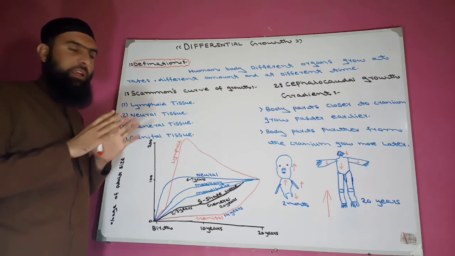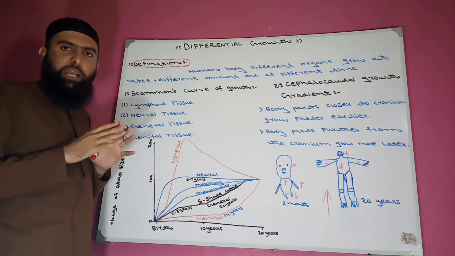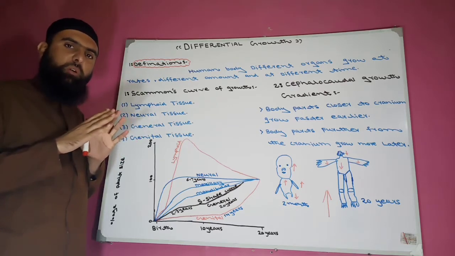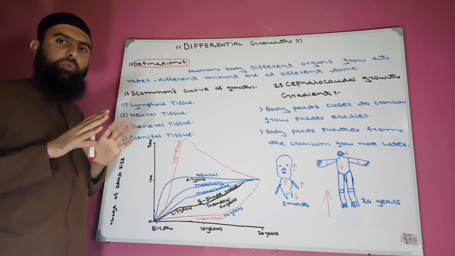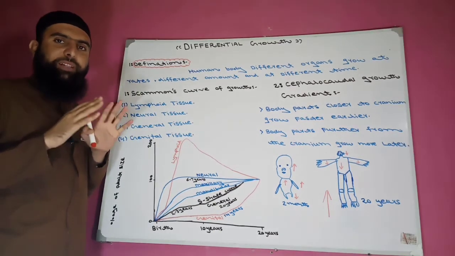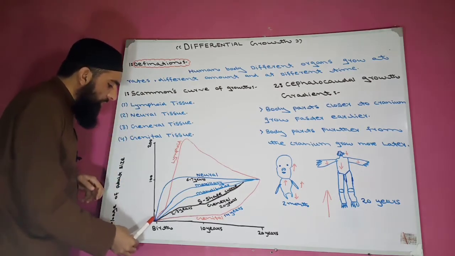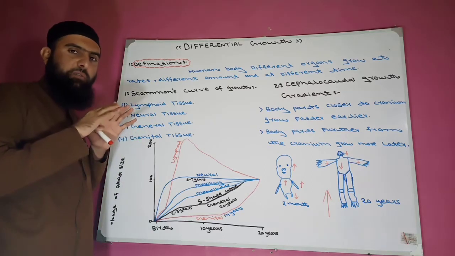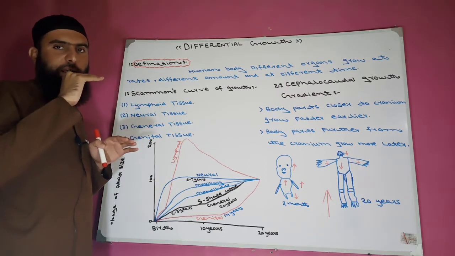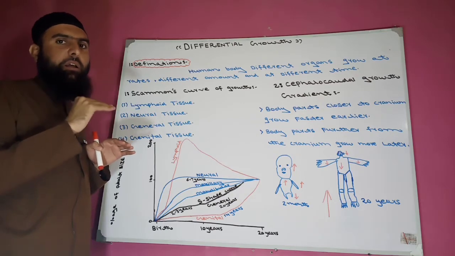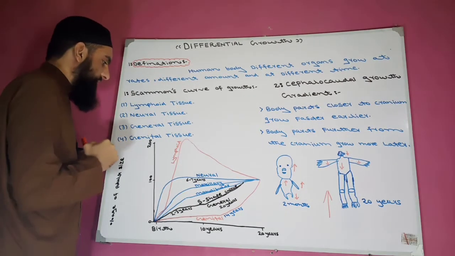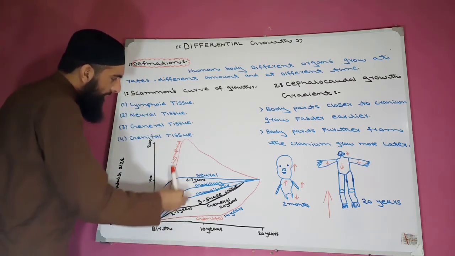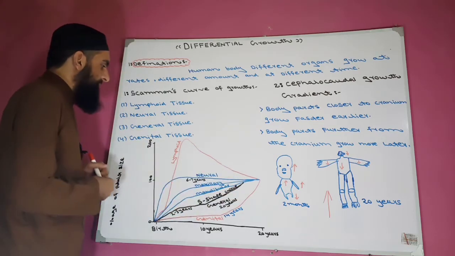Because in childhood the child is more prone to disease due to undeveloped, weak immunity and more disease attacks. Therefore, the lymphoid tissue grows very rapidly and reaches 200% to develop the immunity of children to fight against disease, to show resistance against disease. This is the graph of lymphoid tissue growth.